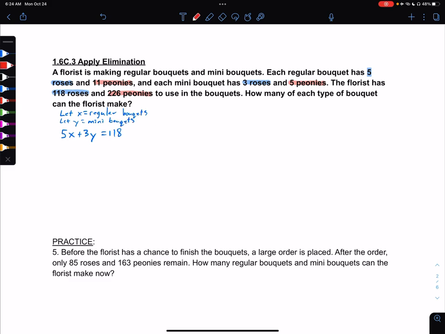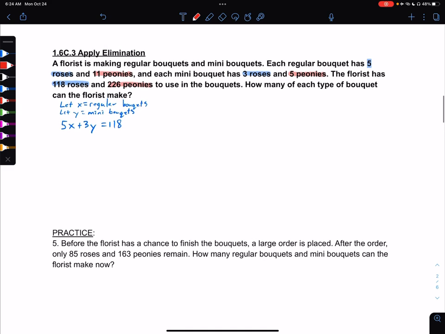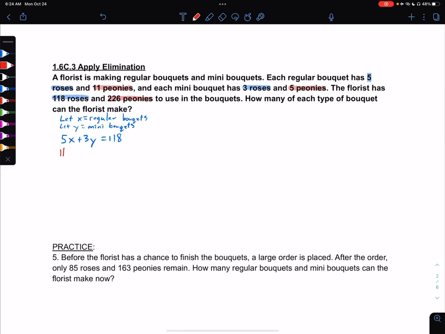So now my second equation is 11x plus 5y equals 226. This is for roses, and this is for peonies. So now we have 2 equations that we can work with. We have our system of equations, and we can solve this.